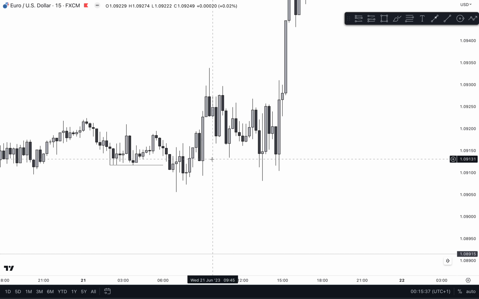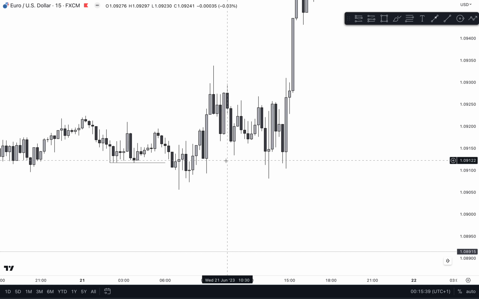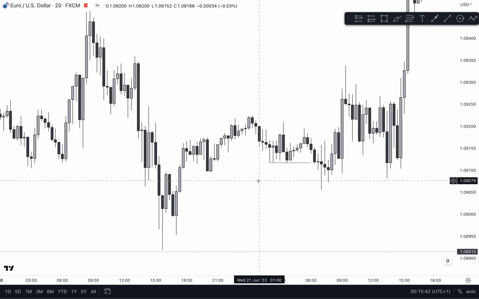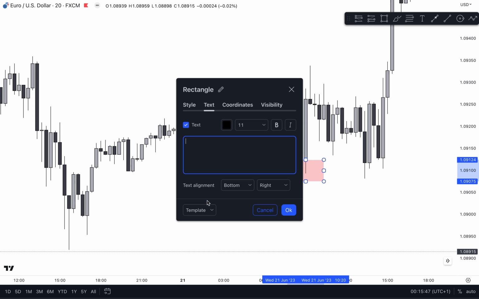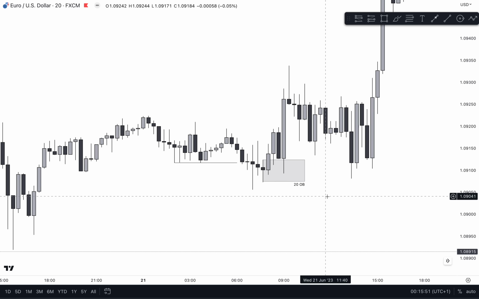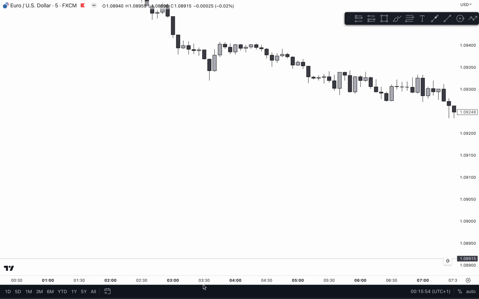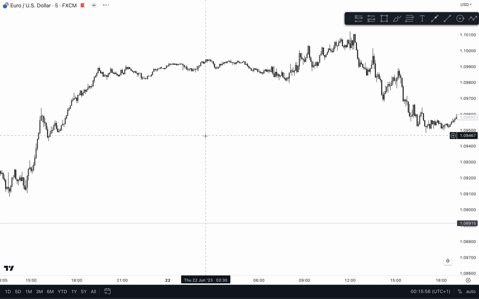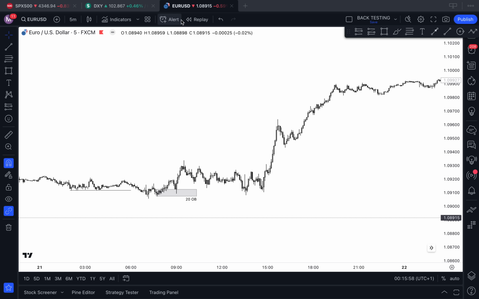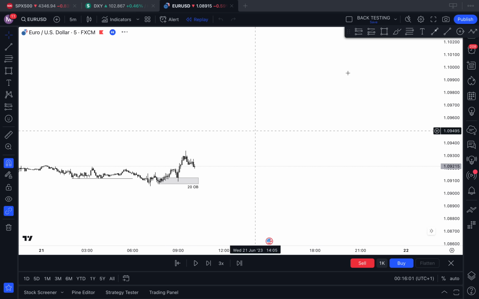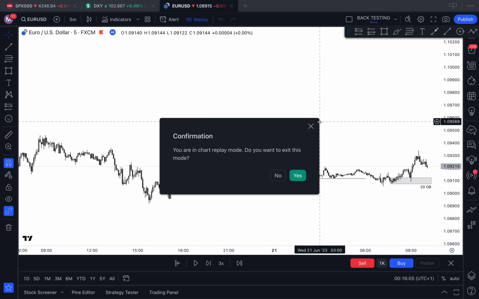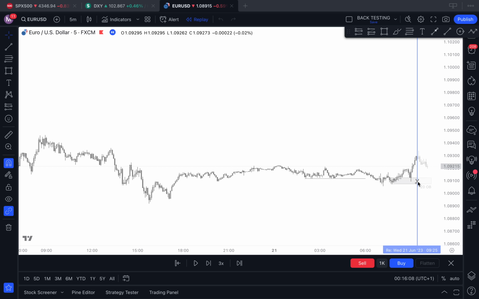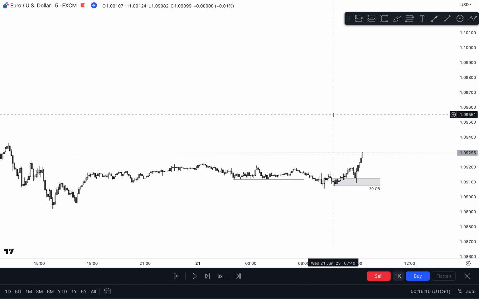If I was to be buying here, I'm going to mark out that we just respected this 20-minute OB. Right, and then moving to my 5. I'm just going to move to here as well. Right, so I'm doing this in the spot.